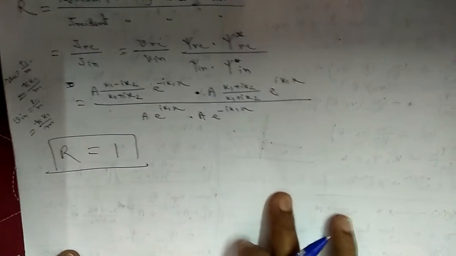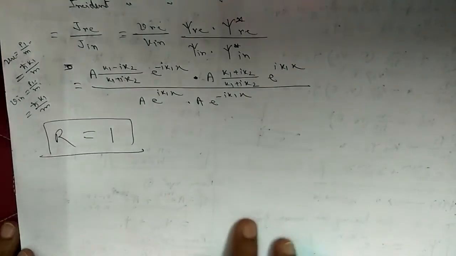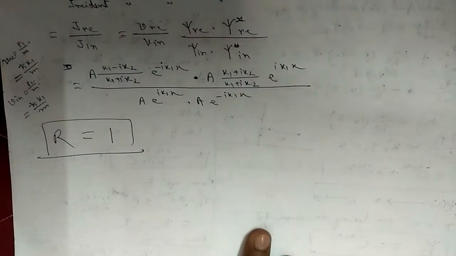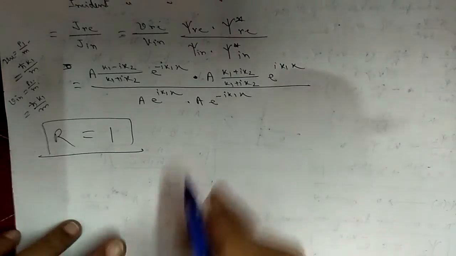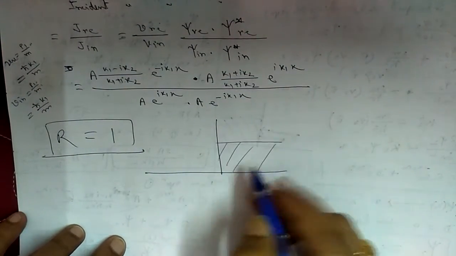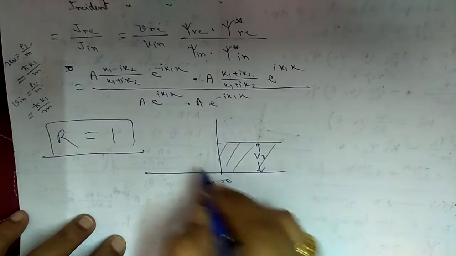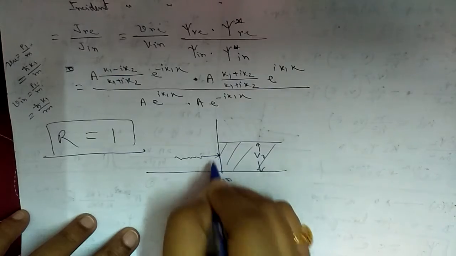What is the physical significance of this? R equals 1 means the reflection probability is 1. That is, the whole of the wave function, or the whole of the incident ray, will be reflected back after being incident on the interface at x equals 0, where the barrier height is greater than the energy of the incident particle.